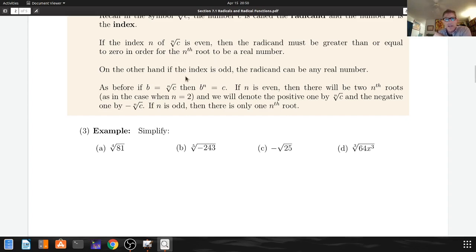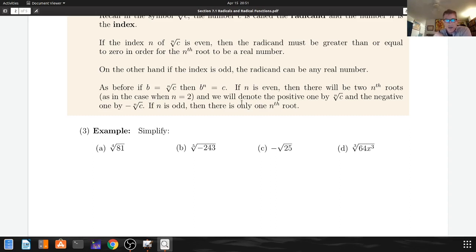But on the other hand, if the index is odd, for example, n is 3, 5, 7, 11, whatever, the radicand can be any real number, 0, positive, or negative. As before, if b is equal to the nth root of c, then b to the nth is equal to c. If n is even, there will be 2 nth roots, as in the case when we're talking about square roots, the positive and the negative.